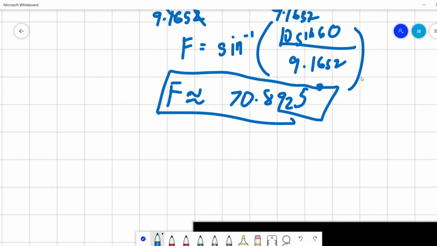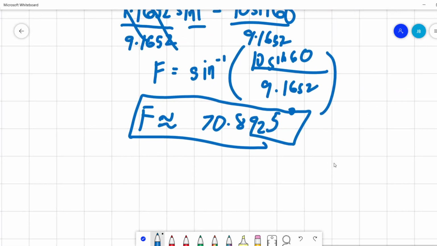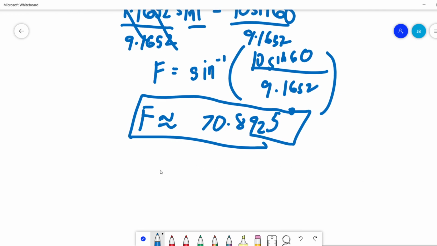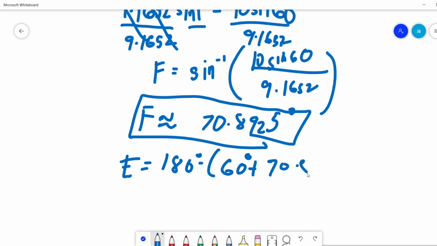So therefore, angle E is equal to 180 minus 60 plus 70.8925 degrees.